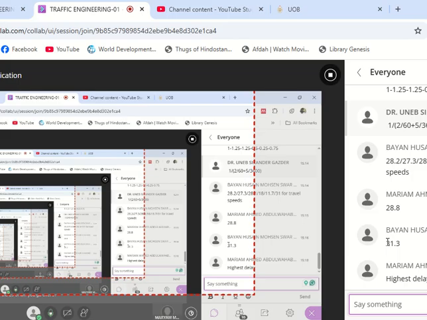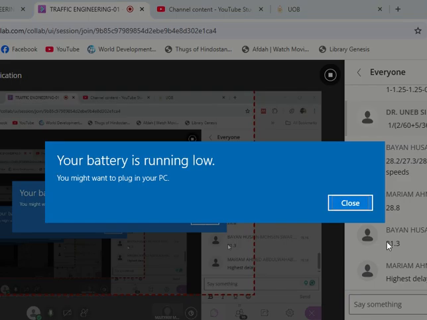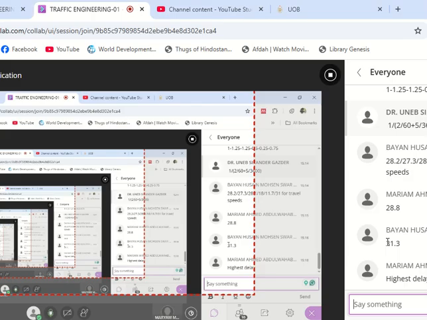Just tell me. One speed is giving 25 samples, the other one is giving 3 samples. So in the end, which one will you go with? 3 or 25?